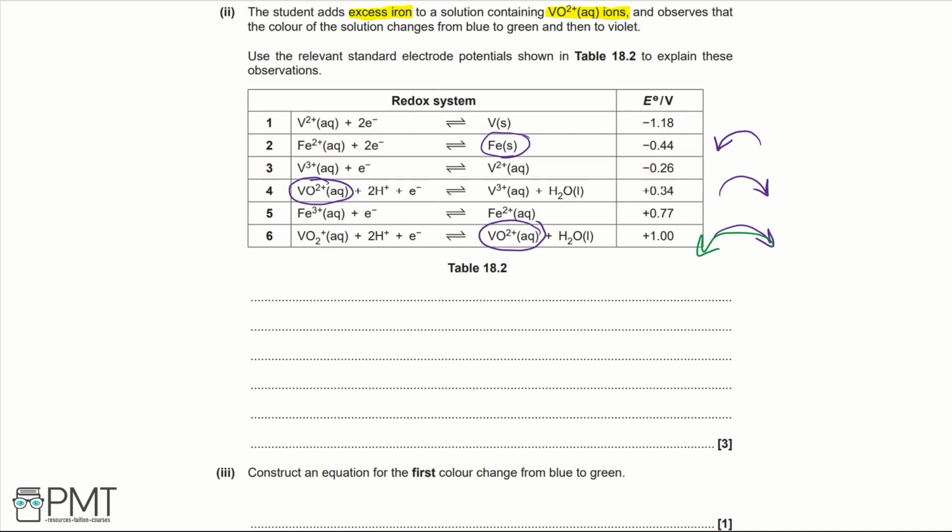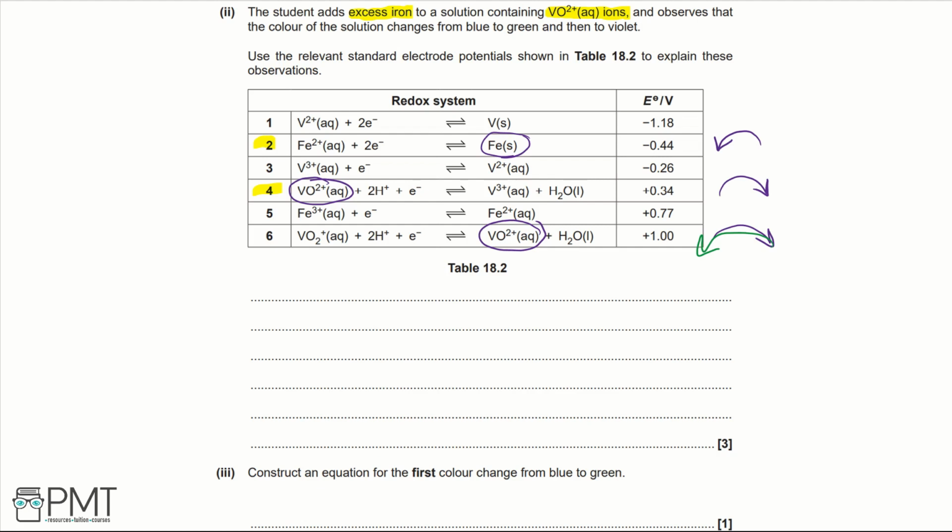So we're going to react redox systems 2 and 4 together, because we want to start with Fe and VO2+. We want redox system 2 to shift backwards so that we start with our Fe, and redox system 4 to shift forward so that we start with VO2+.